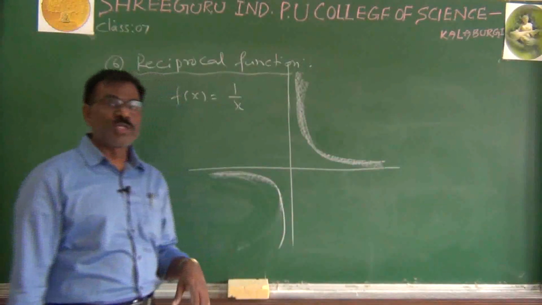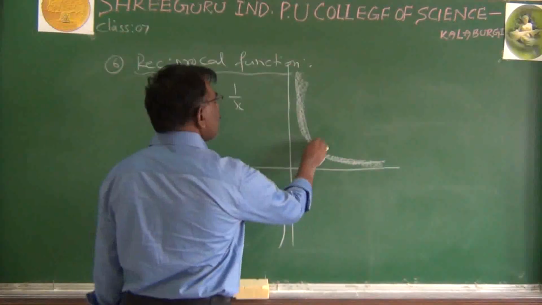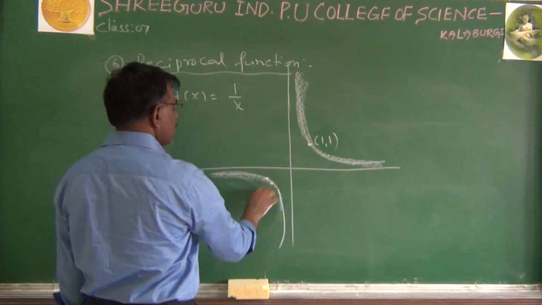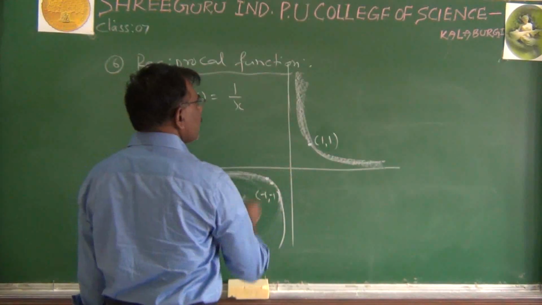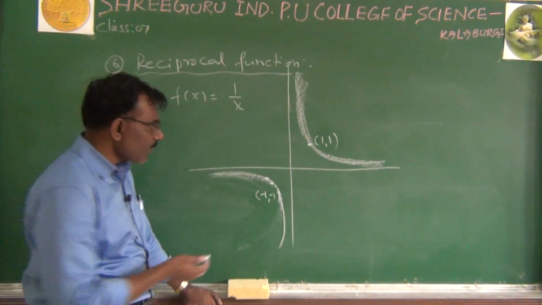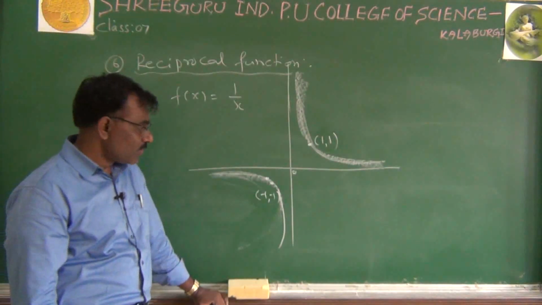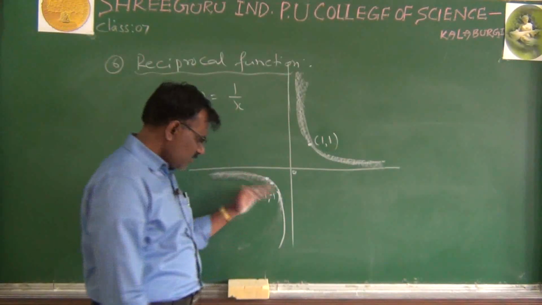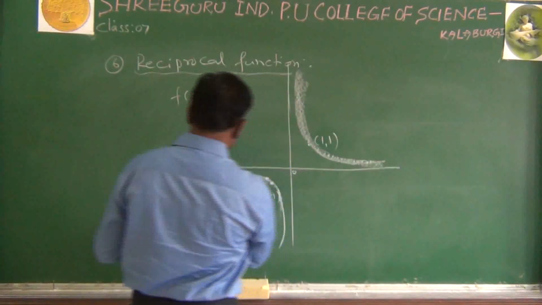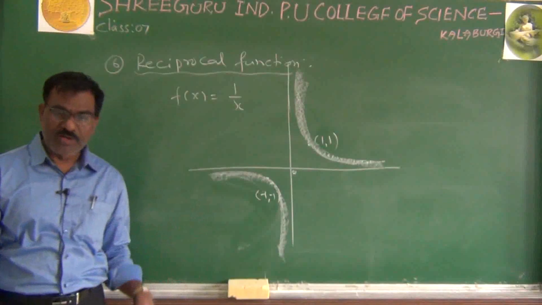So this is called the reciprocal function, f of x is 1 by x. Here I am taking 1 comma 1 and here -1 comma -1. 0 is not possible here, 0 is not included. This is called the reciprocal function.